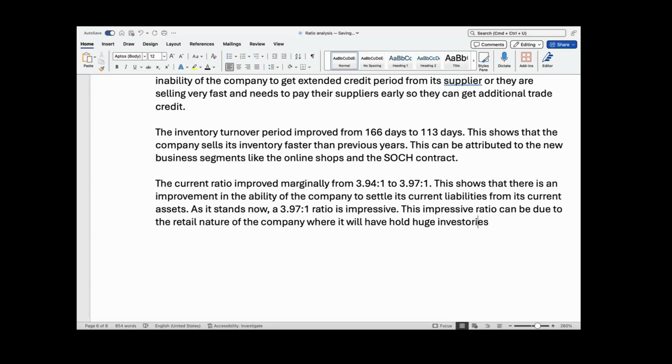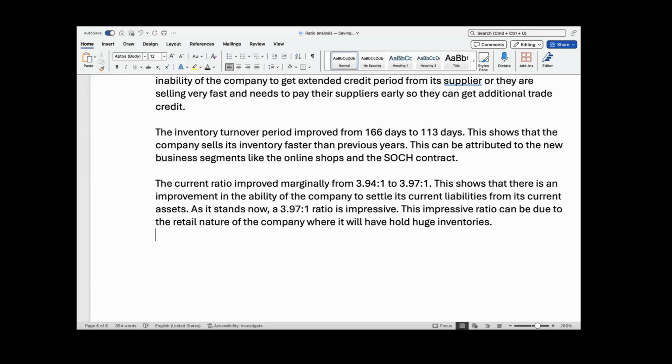Okay, so I am just saying that why they are having a 3.9 to 1 ratio might be because it's a retail business, they sell toys. So you find out that they will have huge inventory, which is making their current ratio impressive.